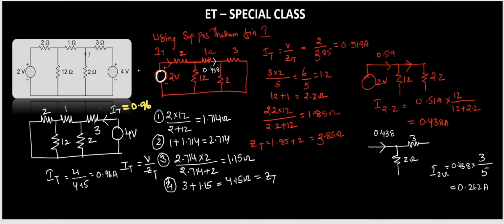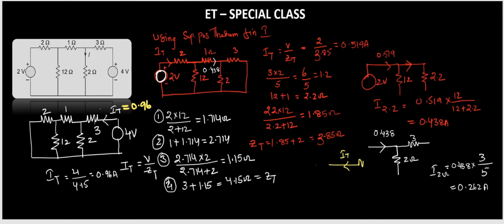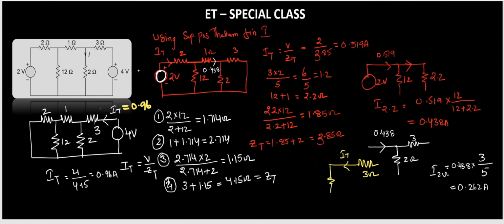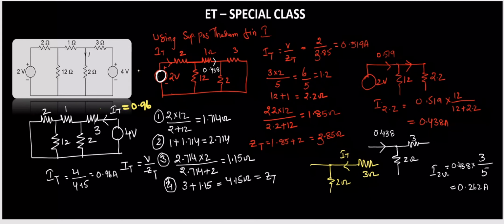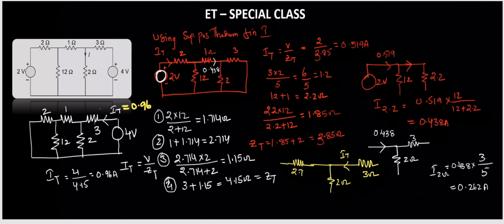So I am drawing the circuit here. This is your IT coming through the 3 ohm resistance, and that is going into the 2 ohms, and the other branch total resistance, 2 and 12 giving 1.714 plus 1, is 2.714.